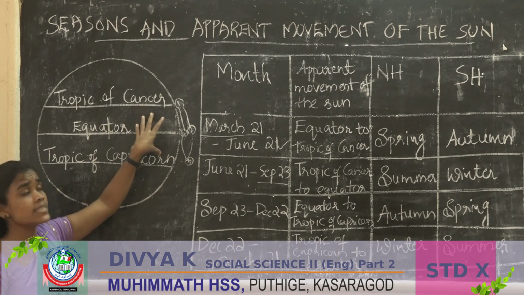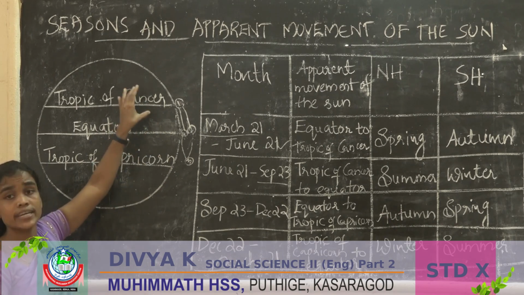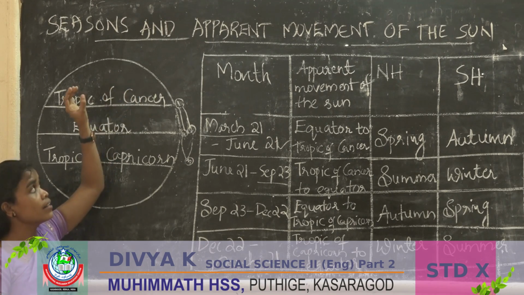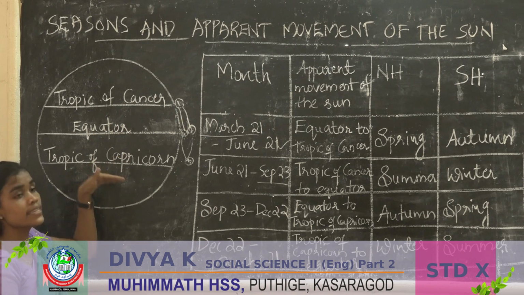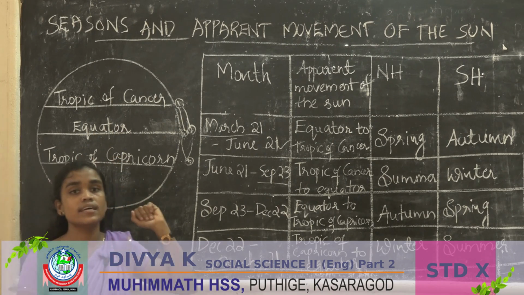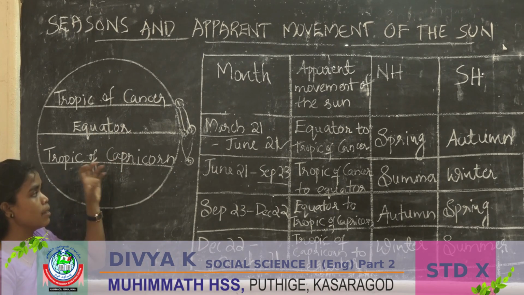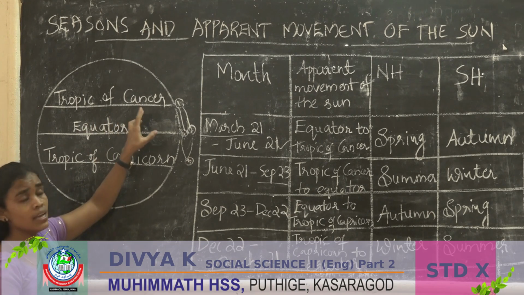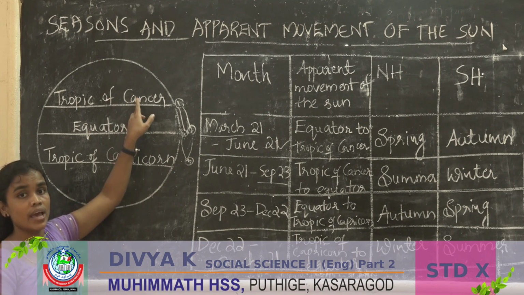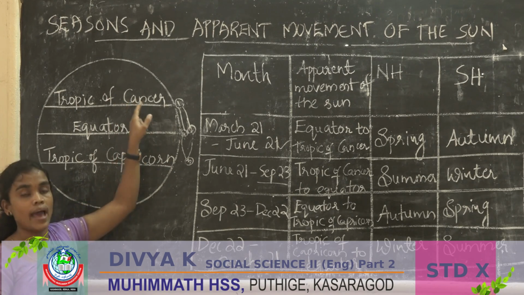That causes the longest day and shortest night in the northern hemisphere, and the shortest day and longest night in the southern hemisphere. Which month? On June 21, the position of the sun is at the Tropic of Cancer.